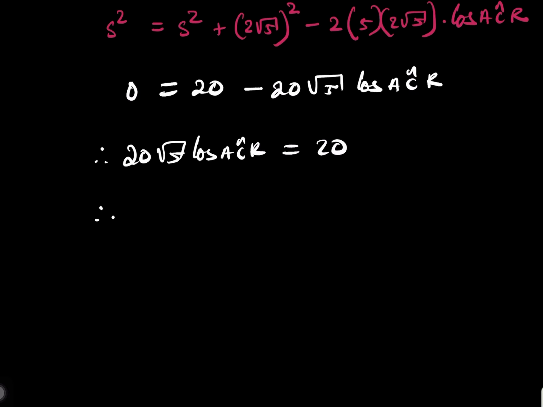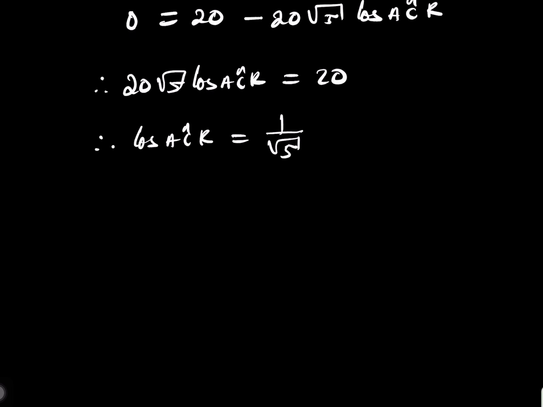What we can do is divide throughout by this one. So cos of ACR is equal to 20 over 20 root 5, which is 1 over root 5. So this implies that ACR is equal to the arc cos of 1 over square root of 5.